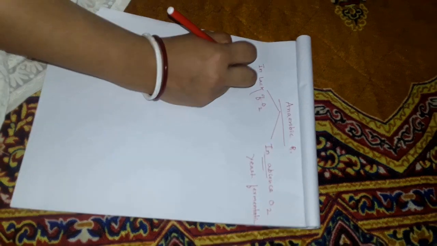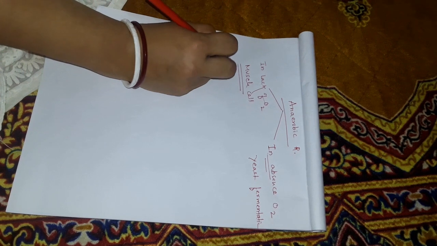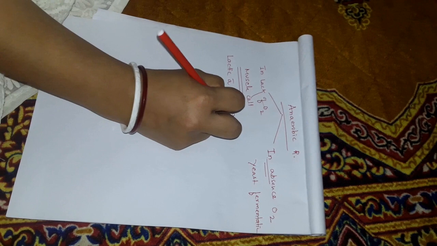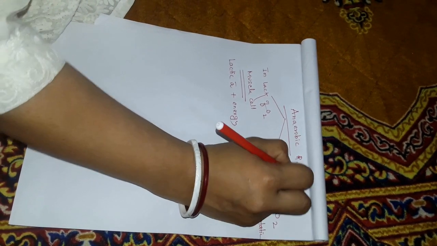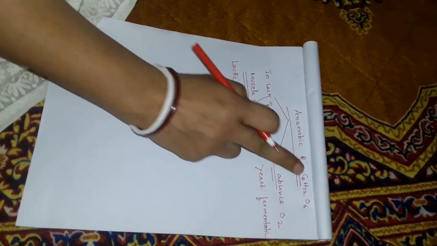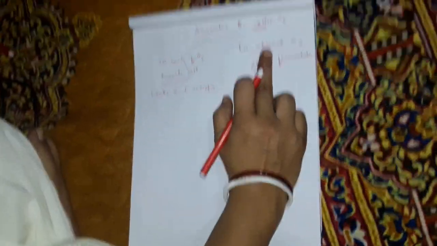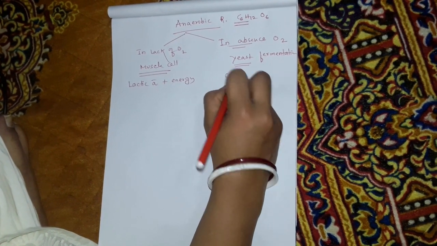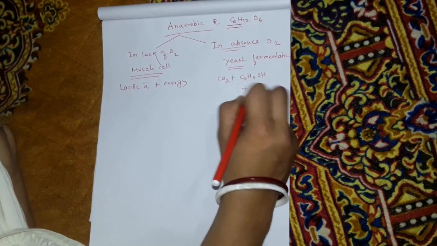And here in muscle cell, the product we get is lactic acid and a very small amount of energy. Anaerobic respiration starts from C6H12O6, glucose, which is C6, and from here we get lactic acid, 3 carbon. In yeast, in absence of oxygen, no oxygen needed, we get CO2 plus ethanol, C2H5OH, plus energy.